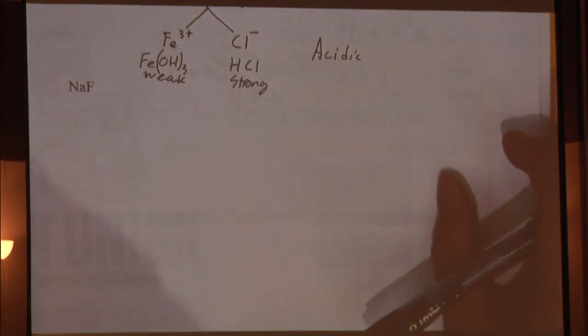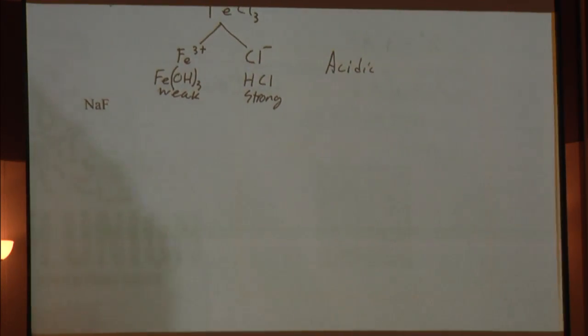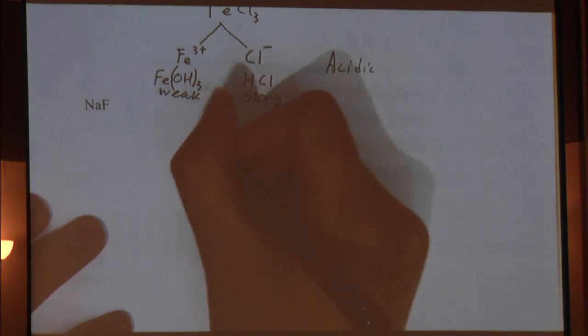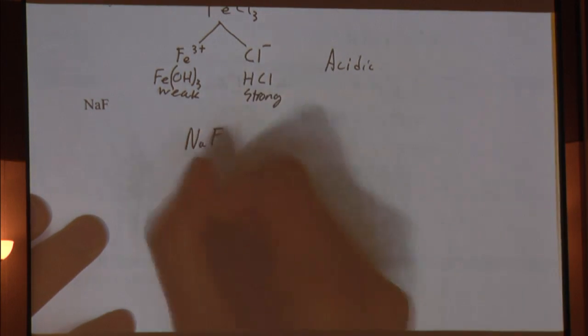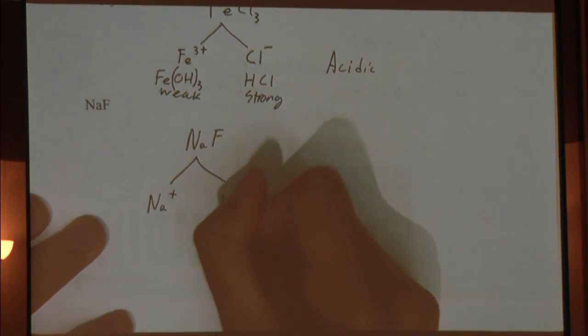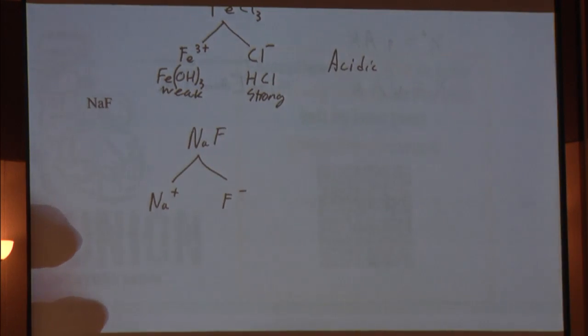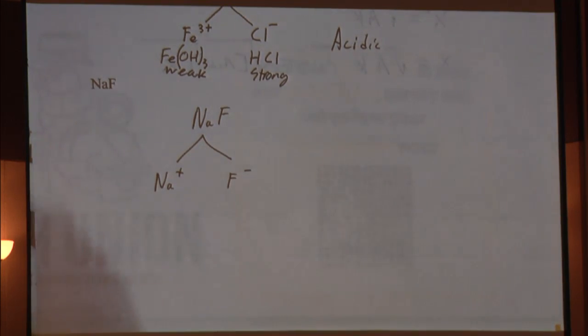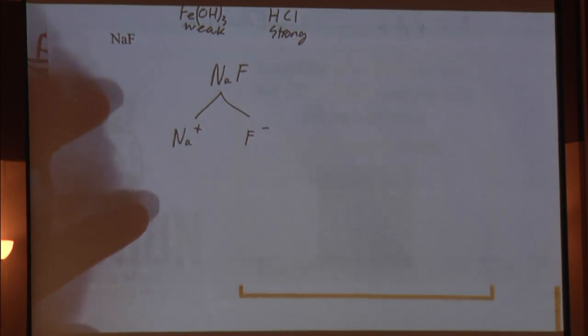For the second problem here, we have sodium fluoride. This dissociates into a sodium with a +1 charge and a fluorine with a -1 charge. And so now we write the corresponding acids and bases.